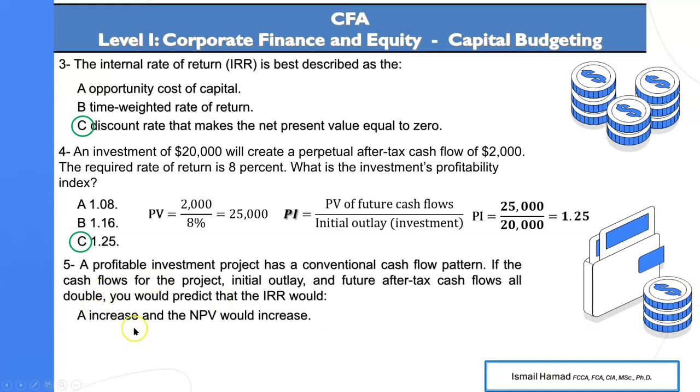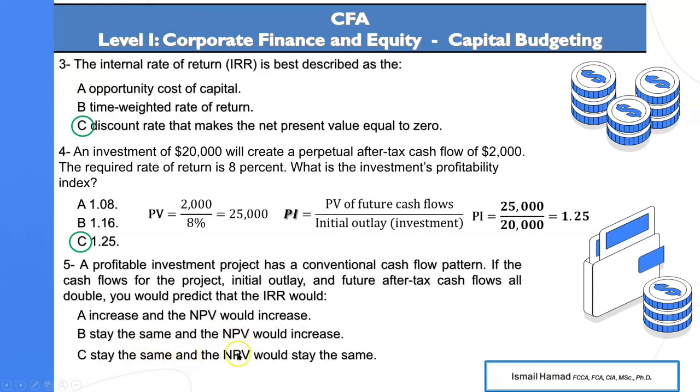Then there will be a change in the rate of return. Stays the same and the net present value will increase. Stays the same and net present value will stay the same? No, because the cash flow is getting higher. That means the net present value will get higher. That means B is the right answer.